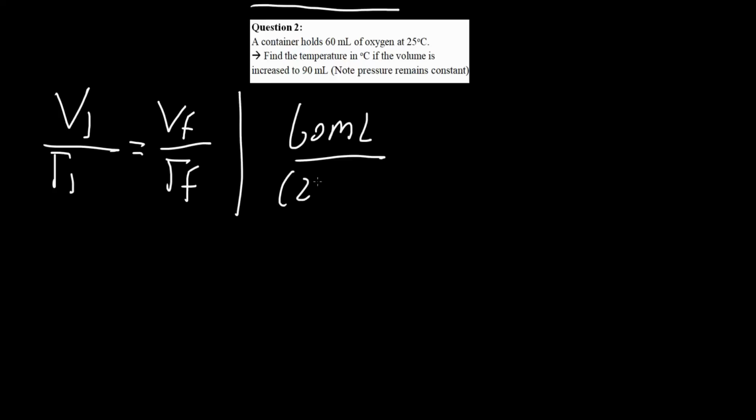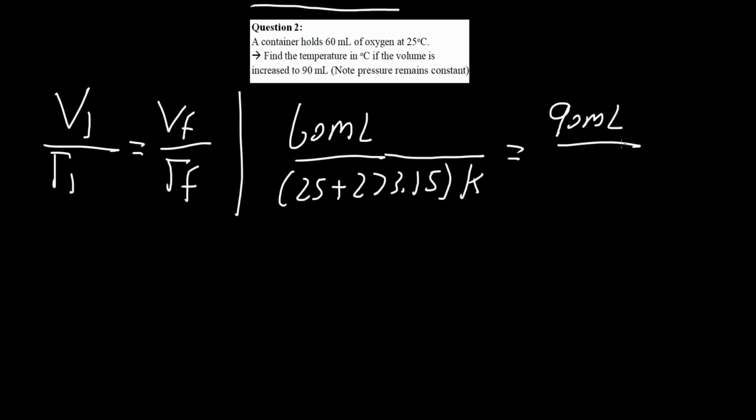So we get 25 plus 273.15, and this right here is in Kelvin, is equal to. So in this case, we know the volume final, but we don't know temperature. So we know volume final as 90 mL, and this is going to be divided by T final. So it says we want temperature in Celsius, so we need to ultimately convert. So let's try to calculate TF in Kelvin first, and from Kelvin we would go to Celsius.